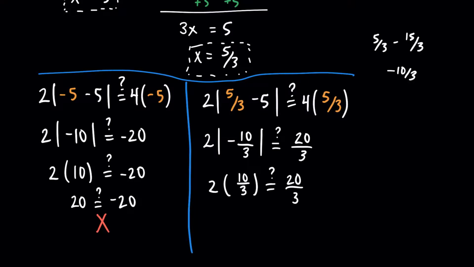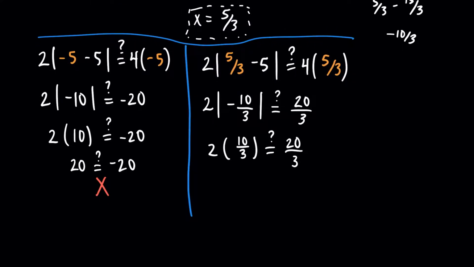And this one, it looks like, is going to actually work out nicely. So 2 times the 10/3 there will give us 20/3. And is that actually equal to 20/3? Well, yep, it sure is.